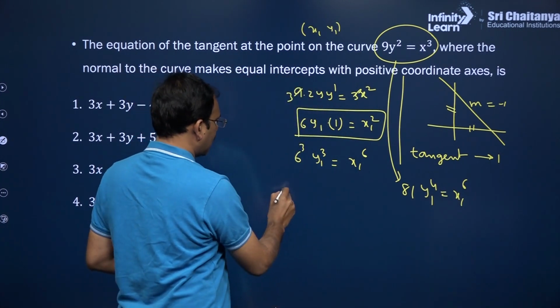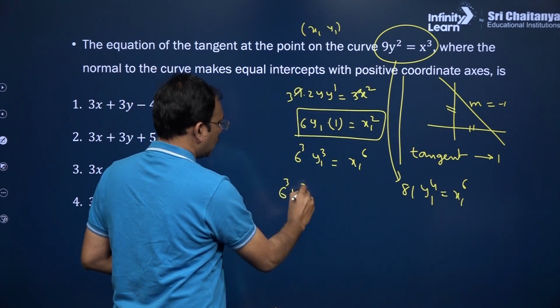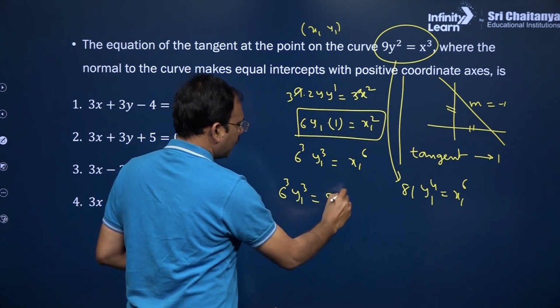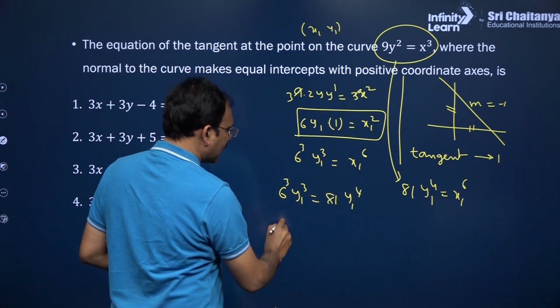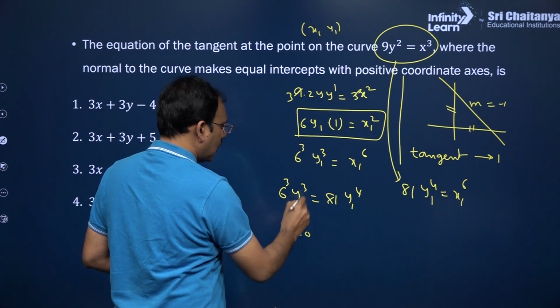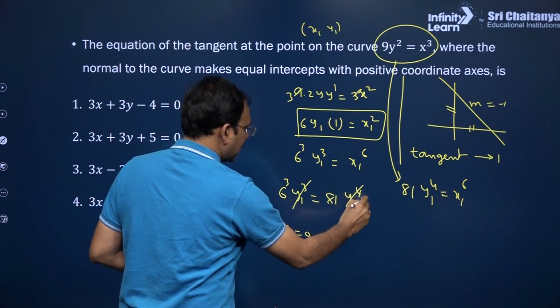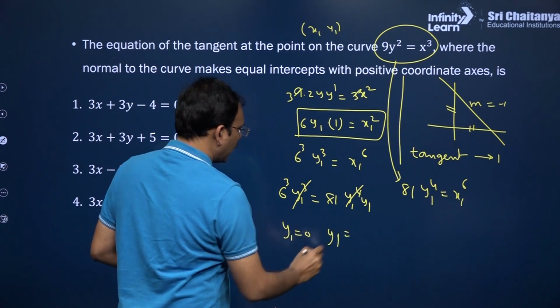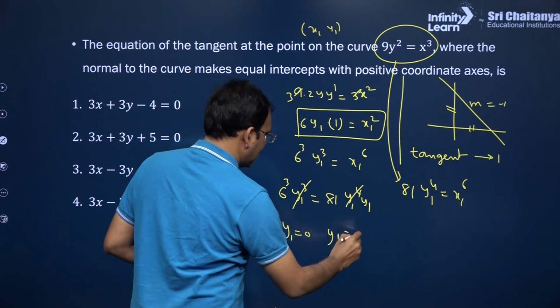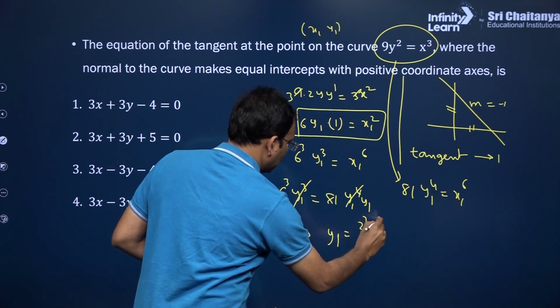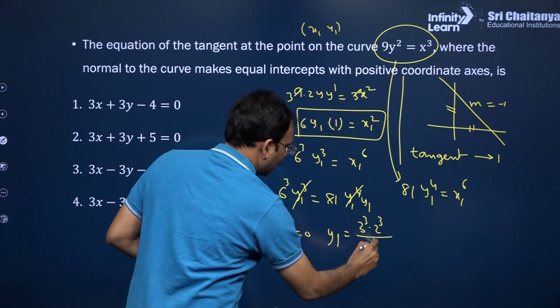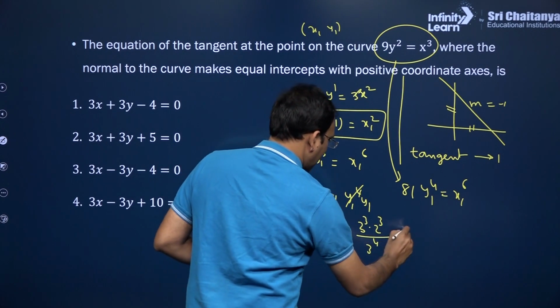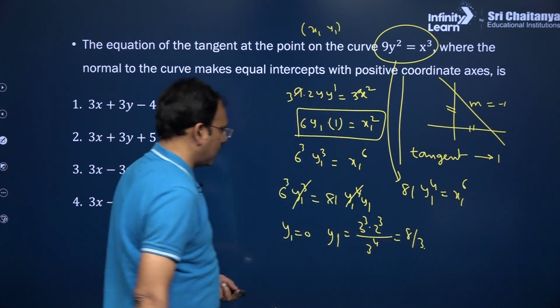You just equate them, 6 cube y1 cube is equal to 81 y1 power 4. One of the possibilities is y1 is 0, otherwise these two can be cancelled, say y1 is going to be 6 cube by 81, that is 3 cube into 2 cube by 3 power 4, my dear friends, which is 8 by 3 you are going to get.